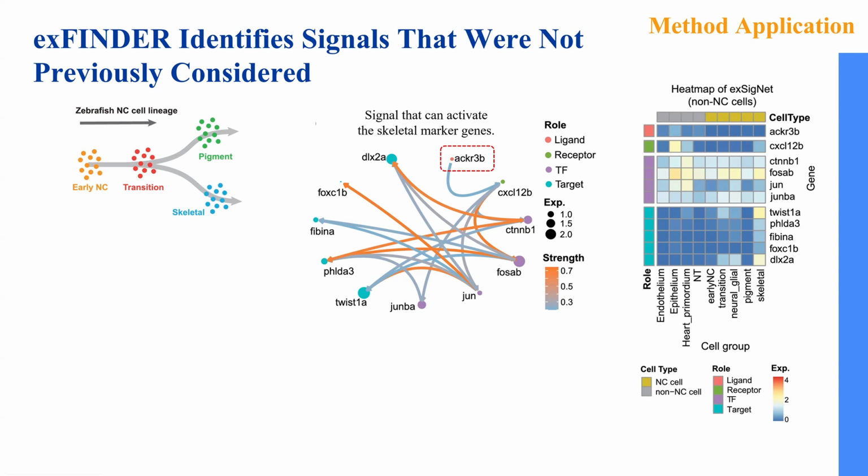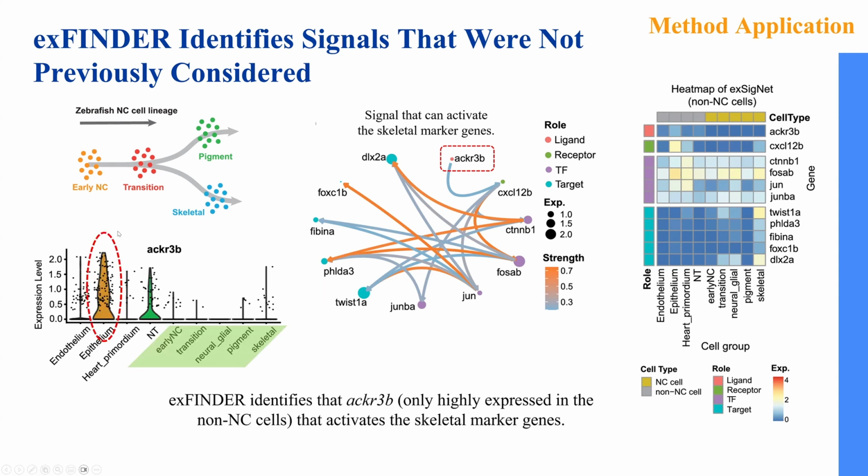It's not that obvious compared to those receptors. But if you check only this gene, you can see that it has a very high expression in the epithelium cells, but almost zero expression in those neural cluster cells.